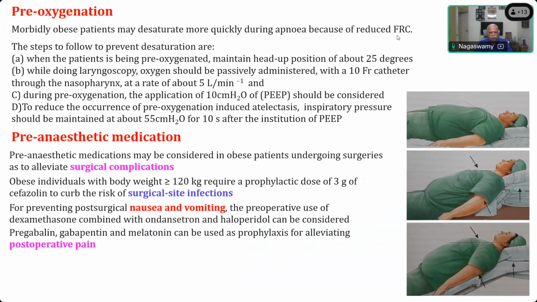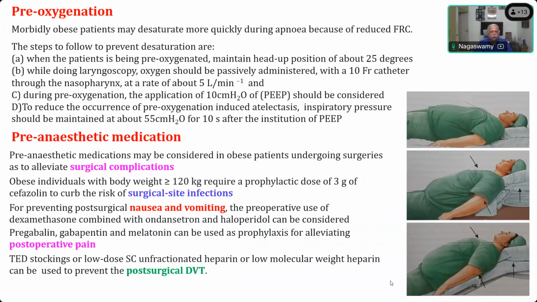Otherwise, already with the reduced FRC, they are likely to develop atelectasis and other respiratory complications. And TED stockings, and if there is a previous history of any thromboembolism or deep vein thrombosis, it is better to start low dose subcutaneous unfractionated heparin or low molecular weight heparin.